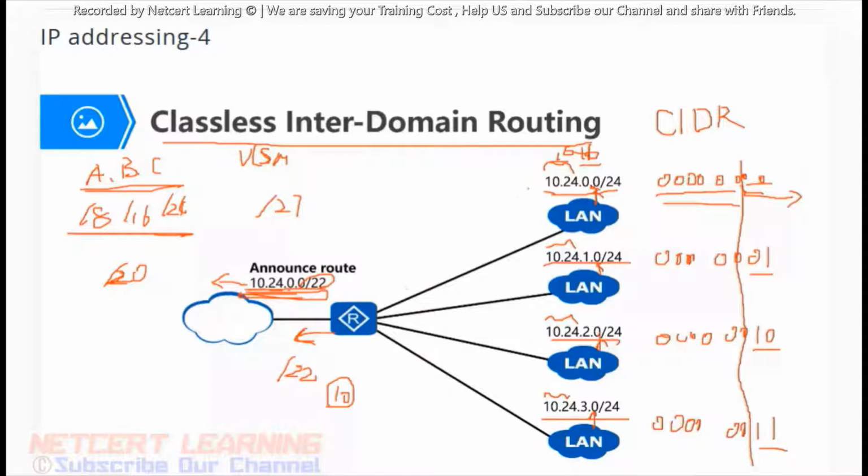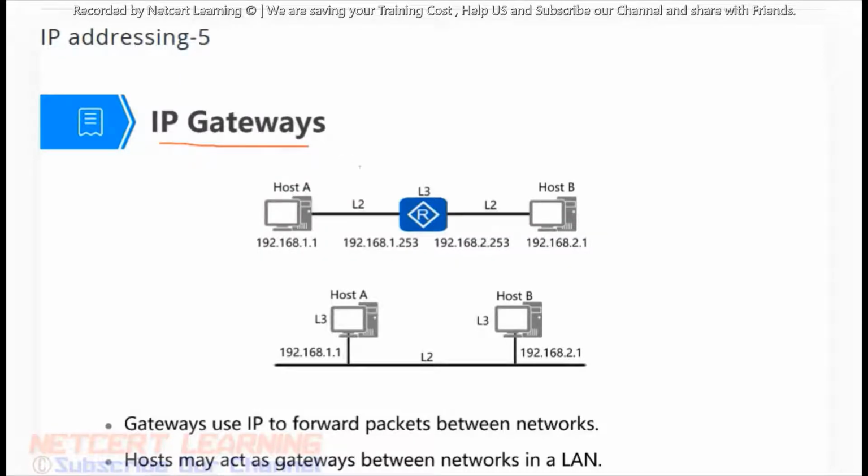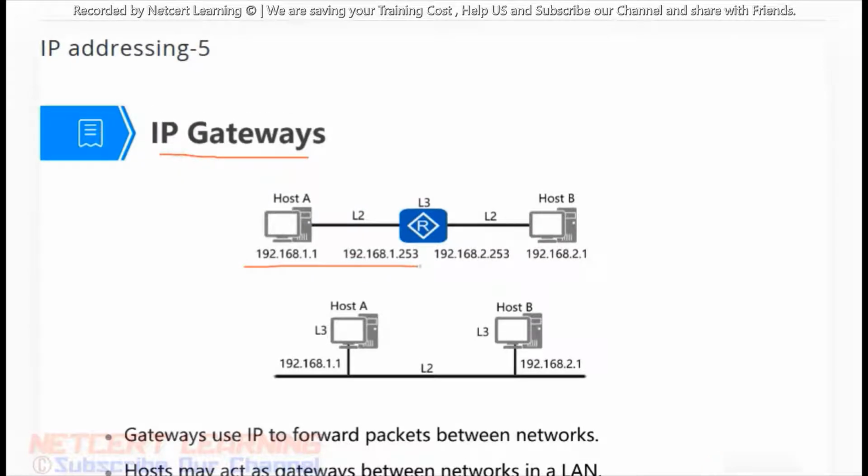Okay, the 4 routes, 4 networks, then only sending out one route item. Okay, this is CIDR. In the previous, we have discussed this is one network. Of course, the mask length is 24.